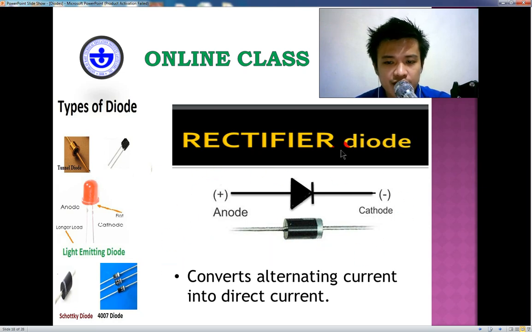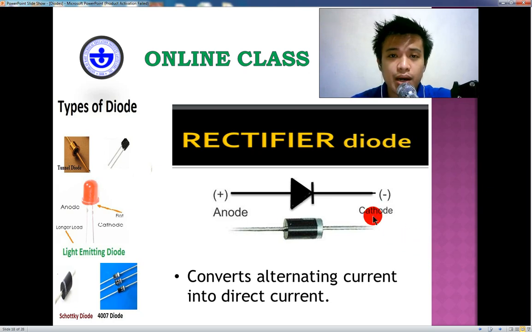The main purpose of the rectifier diode is to convert alternating current towards direct current. So again, this is very useful in electronics, especially in making a power supply. That is to make alternating current into direct current, because electronic devices and electronic circuits are not powered by alternating current.